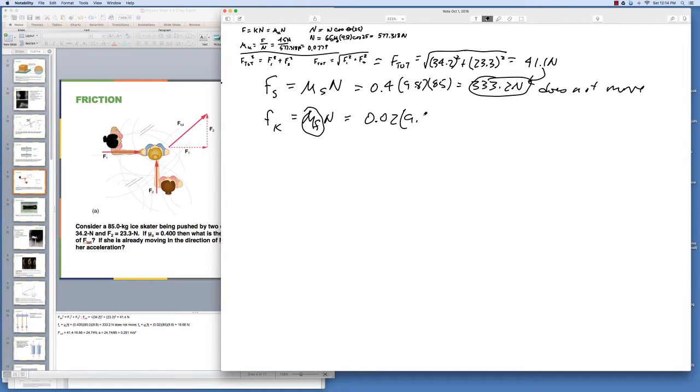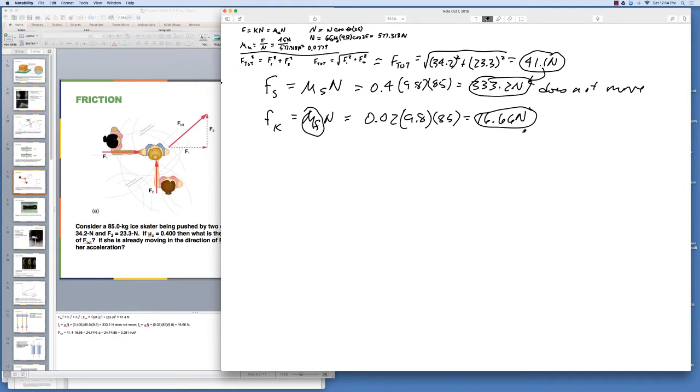The normal is the same, and when you do the calculation, the kinetic friction is 16.66 newtons. So that means now you can see that she's being pushed with this force, and this is resisting.